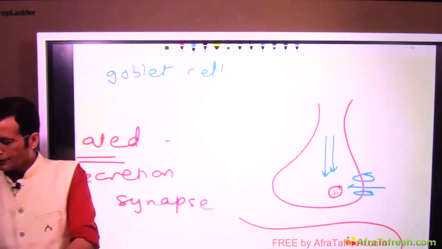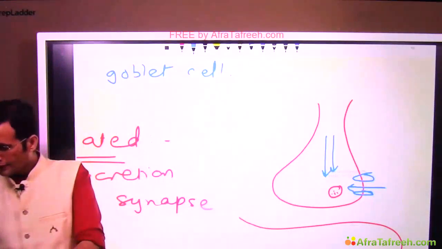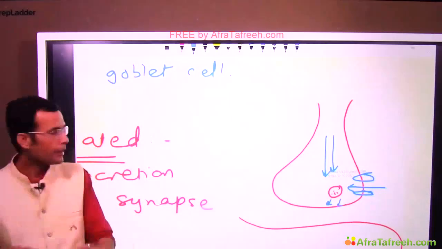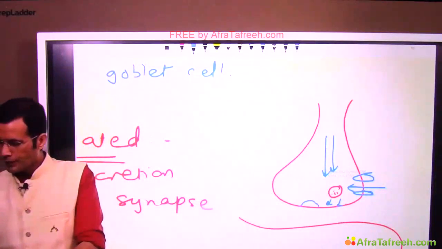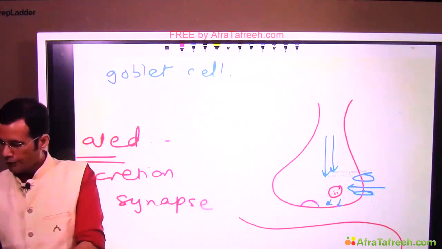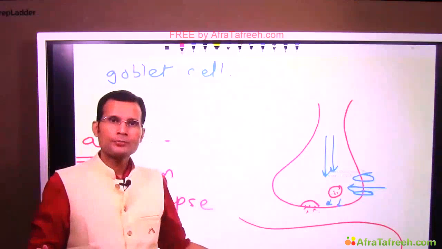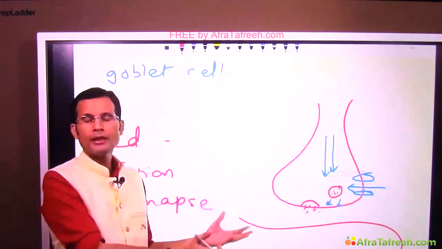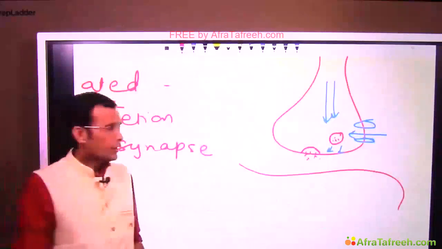Calcium will enter, and then the vesicle will travel towards the presynaptic membrane. It will fuse with the membrane, and finally, by exocytosis, the neurotransmitter will be thrown out into the synaptic cleft. So that's regulated exocytosis. Right.